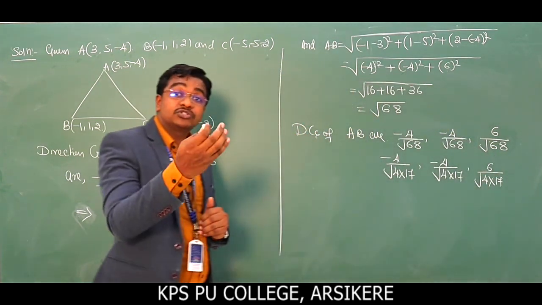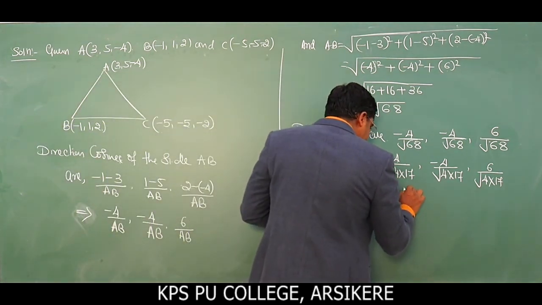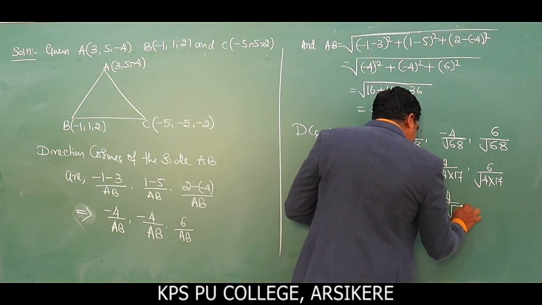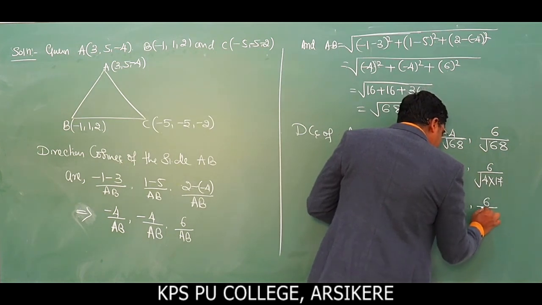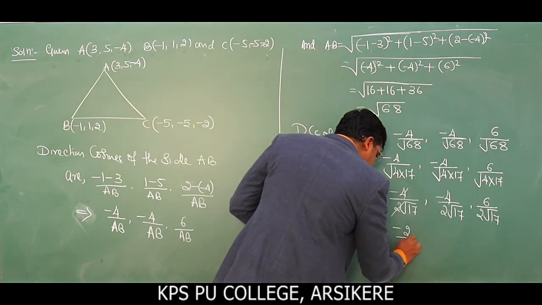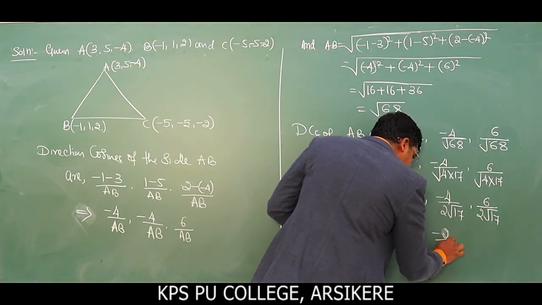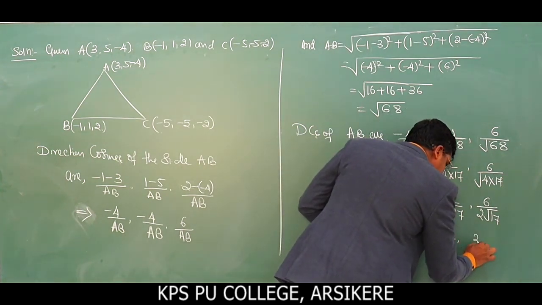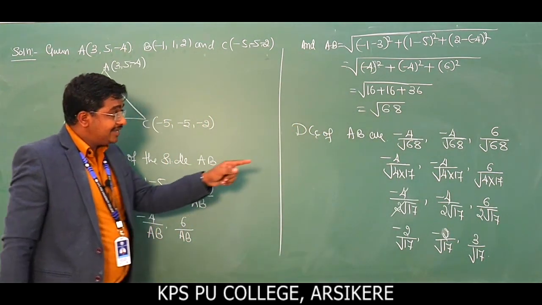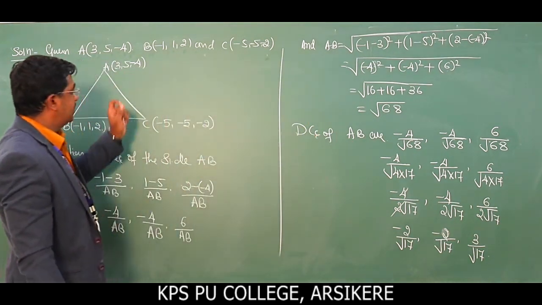If you take the square root of 4 out, it reduces to 2, so this becomes minus 4 divided by 2 root 17, minus 4 divided by 2 root 17, and 6 divided by 2 root 17. So minus 2 divided by root 17, minus 2 divided by root 17, and 3 divided by root 17. So these are the direction quadrants of side AB of the given triangle.